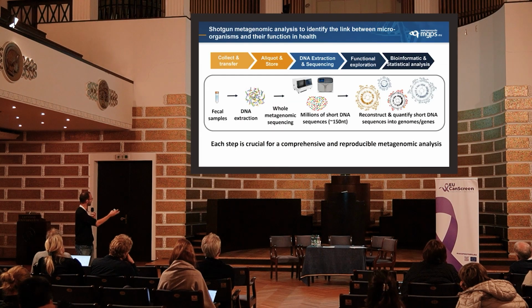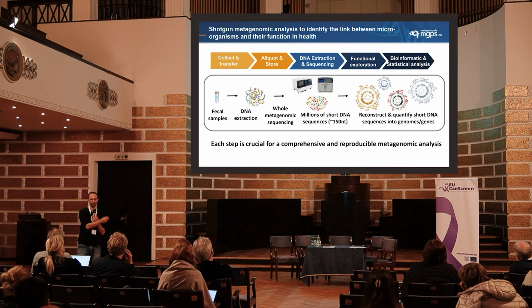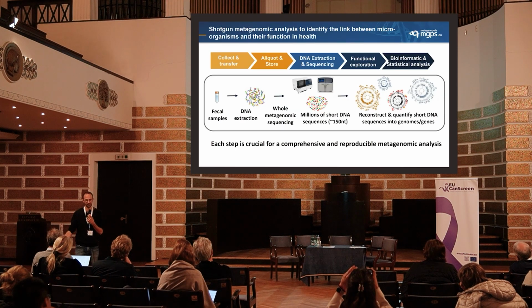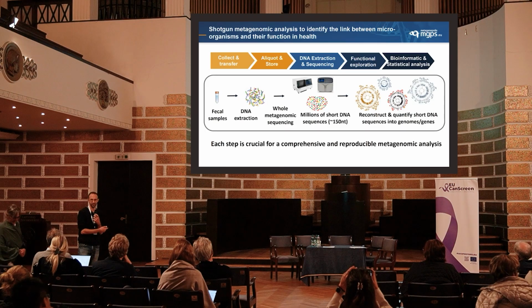Each of these steps is extremely crucial, because the way you collect or the way you do DNA purification could modify the interpretation that you have at the end. I'm going to give you an example of that.